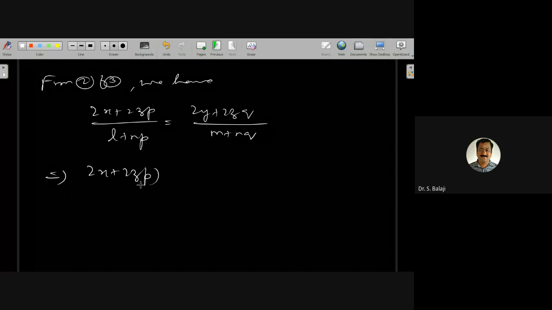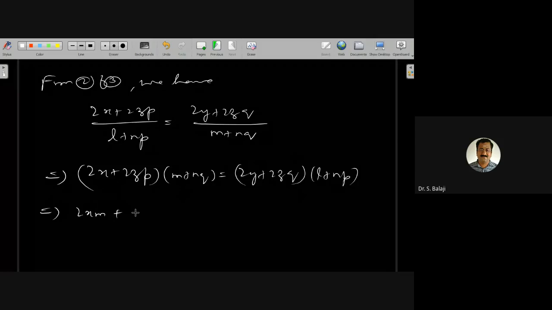Cross-multiplying: (2x plus 2zp)(m plus nq) equals (2y plus 2zq)(l plus np). Then I can club the p and q relations separately here.